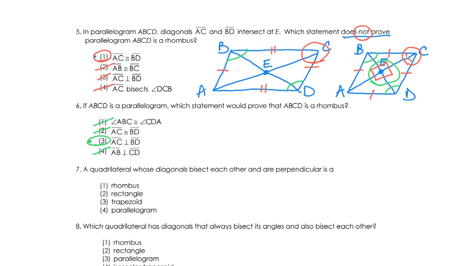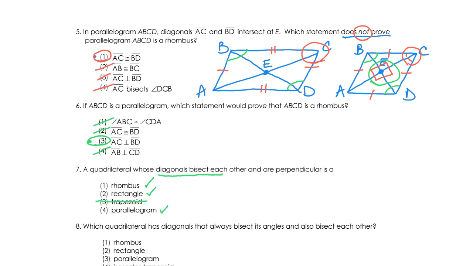Number 7, a quadrilateral whose diagonals bisect each other and are perpendicular. So diagonals bisect each other happens in a rhombus, in a rectangle, and in a parallelogram. Okay, so we can get rid of trapezoid.